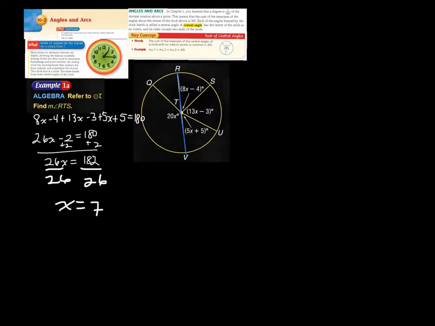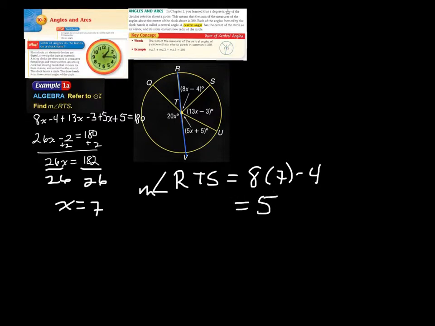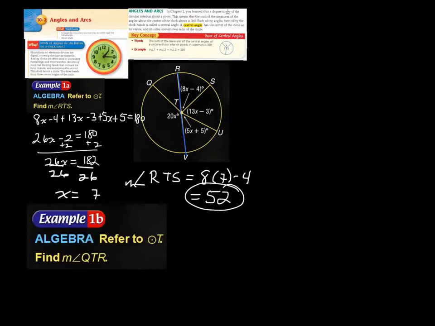And they wanted us to find the measure of angle RTS. RTS was 8x minus 4, so 8 times 7 minus 4 is going to be 52. Now that we know x, finding the measure of angle QTR is going to be easy.